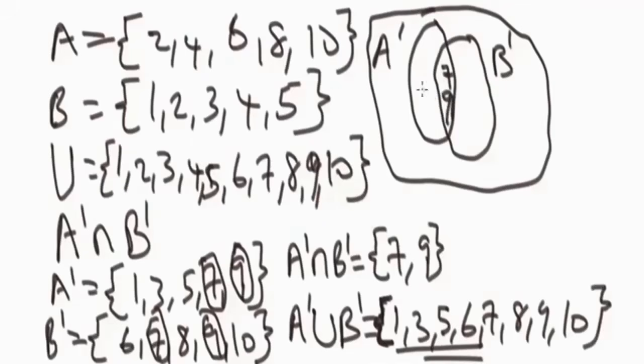For A complement, we have the remaining values here: 1, 3, and 5, with 7 and 9 already here. In B complement, we have 6, 8, and 10. So this is how you represent it in a Venn diagram.